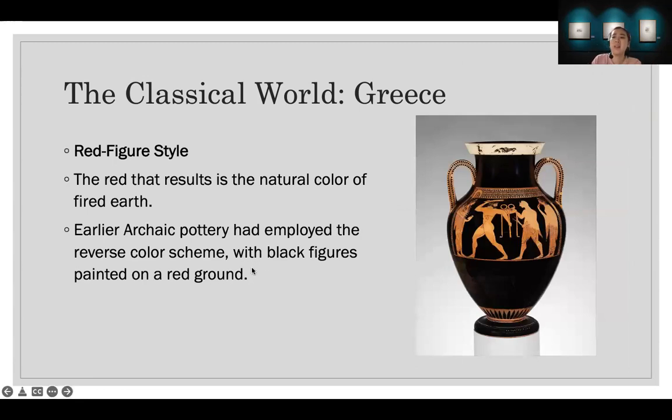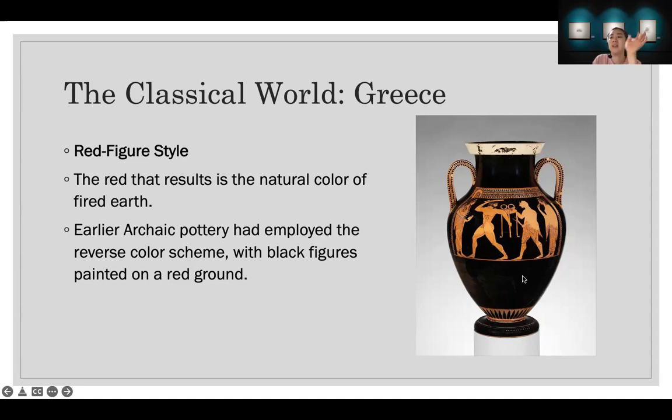And the painting technique on the pottery in this archaic period is called red figure style. The ground is painted black like this, while figures are left mostly unpainted with only thin black lines to describe the forms.